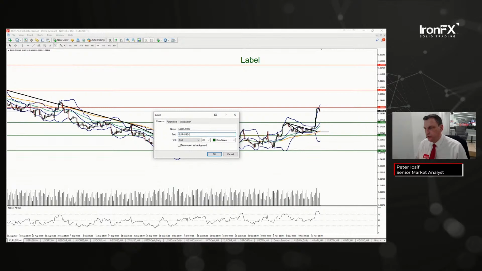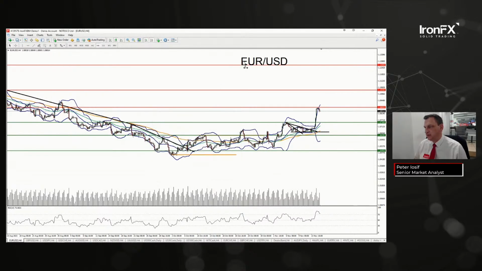Now, as we're going through the changes in the chart, allow me to have a small chat about fundamentals. We had the release of the US CPI rates yesterday for October. That was a bit of a shocker for the markets, as practically the CPI rates slowed down beyond the market expectations.